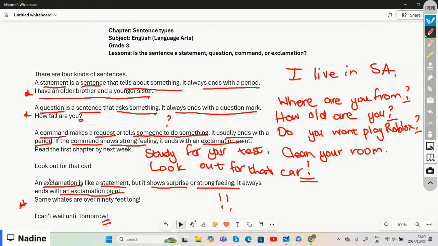And then lastly, we have an exclamation point, or an exclamation type of sentence. It is a statement, but it shows surprise or strong feelings.